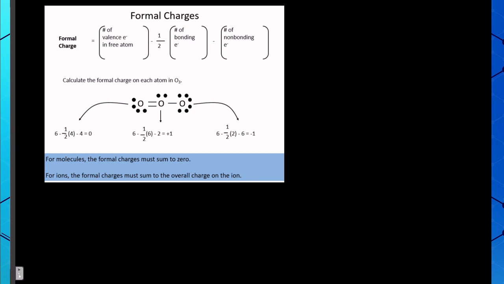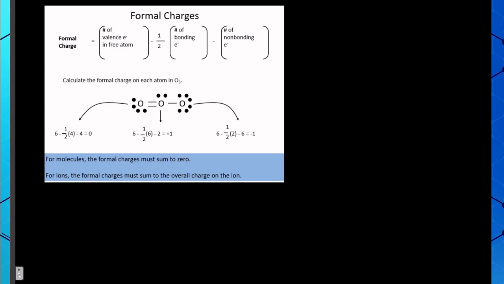If we do it here for the left-hand one, we see oxygen has 6 valence electrons, and then it has 4 bonded electrons in these 2 double bonds right here. So we multiply that times 1/2, and then it has 2 lone electron pairs, so 4 electrons that are not bonded. So those are right here, and then we indicate that by subtracting 4 from this relationship, and we end up with the formal charge of this oxygen right here is 0.